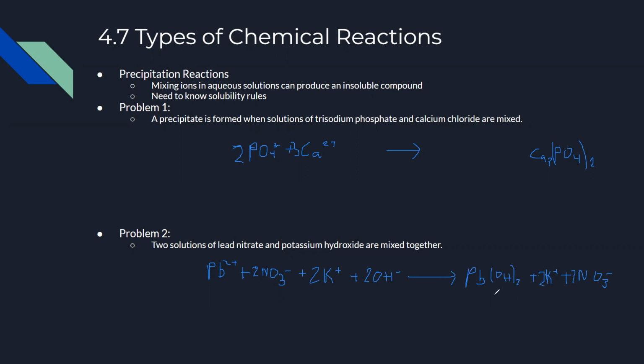So Pb(OH)2 is our main thing, and we have to take out the Ks and the NO3s as they're spectators. So this is what we have: Pb2+ plus 2OH minus creates Pb(OH)2.